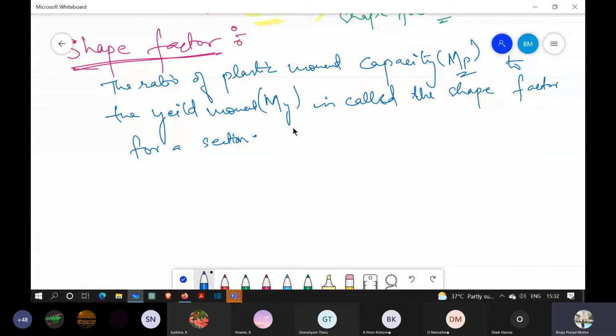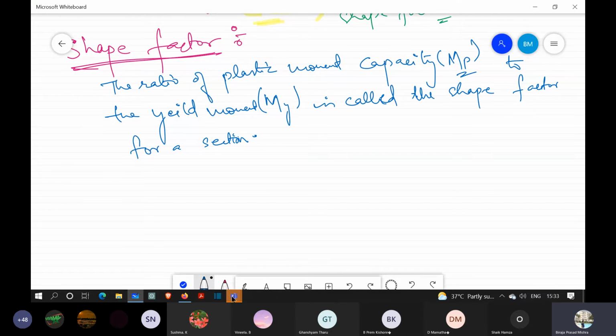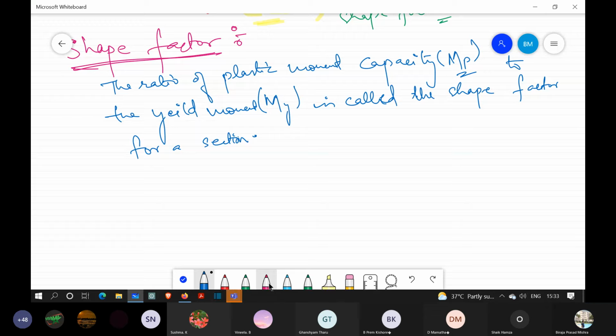This factor represents the increase of strength due to the plastic moment capacity. Let us say it is shape factor, suppose I am representing it as SF. SF equals to, I am saying, Mp by My.